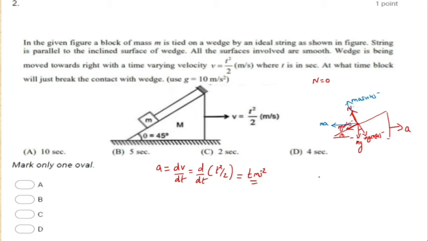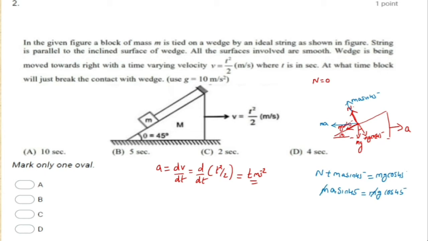For the forces along the normal direction, N plus ma sin 45 is equal to mg cos 45. The block just breaks contact when the normal reaction force is equal to 0. It becomes 0 when ma sin 45 is equal to mg cos 45.